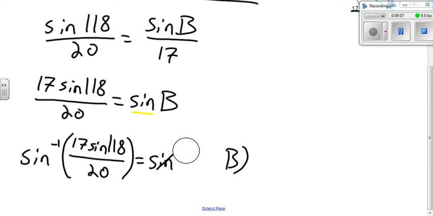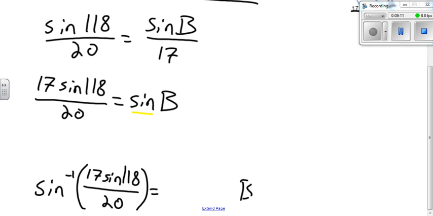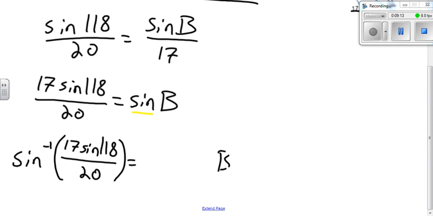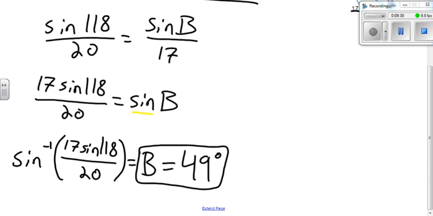So basically, we are now just left with B. So B equals that. We need to punch that into the calculator then, which will determine, rounded to the nearest degree, that we have 49 degrees as B.